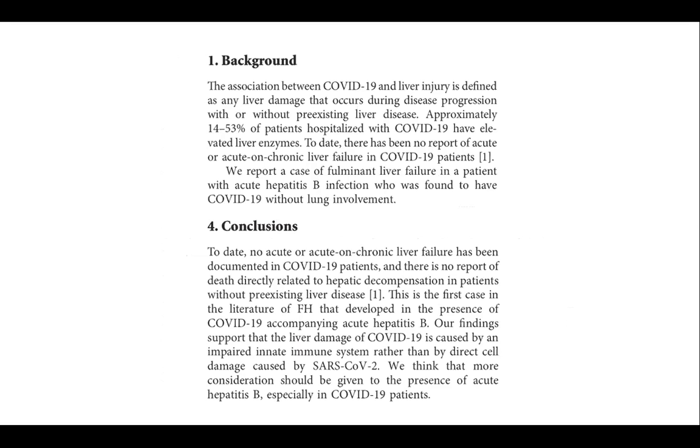This report is a case of a fulminant liver failure in a patient with acute hepatitis B infection who was found to have COVID-19 without lung involvement. To date, no acute or acute on chronic liver failure has been documented in COVID-19 patients, and there is no report of death directly related to hepatic decompensation in patients without pre-existing liver disease.